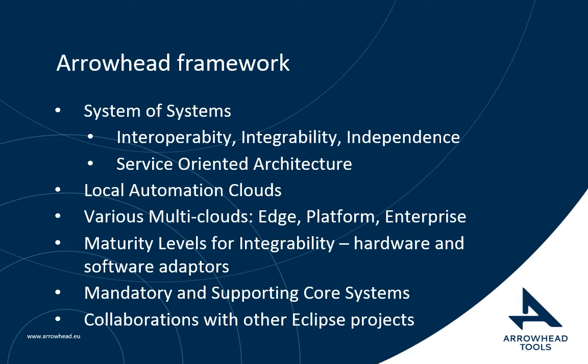Also, a very interesting feature of Arrowhead is the local automation clouds, which the Arrowhead framework has introduced, and it is also possible to have communication between these local clouds through multi-clouds on the edge, on the platform, or even the enterprise level.